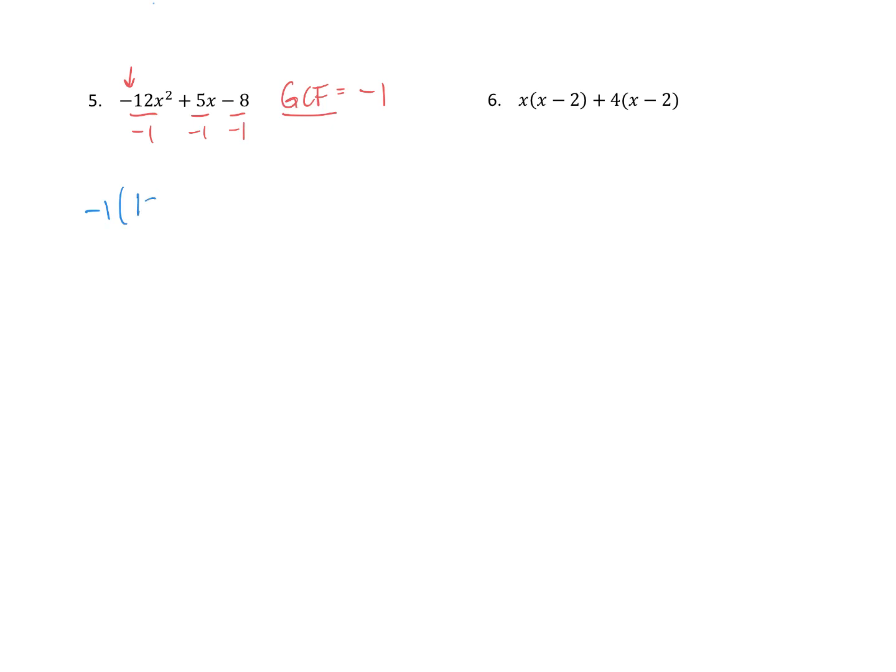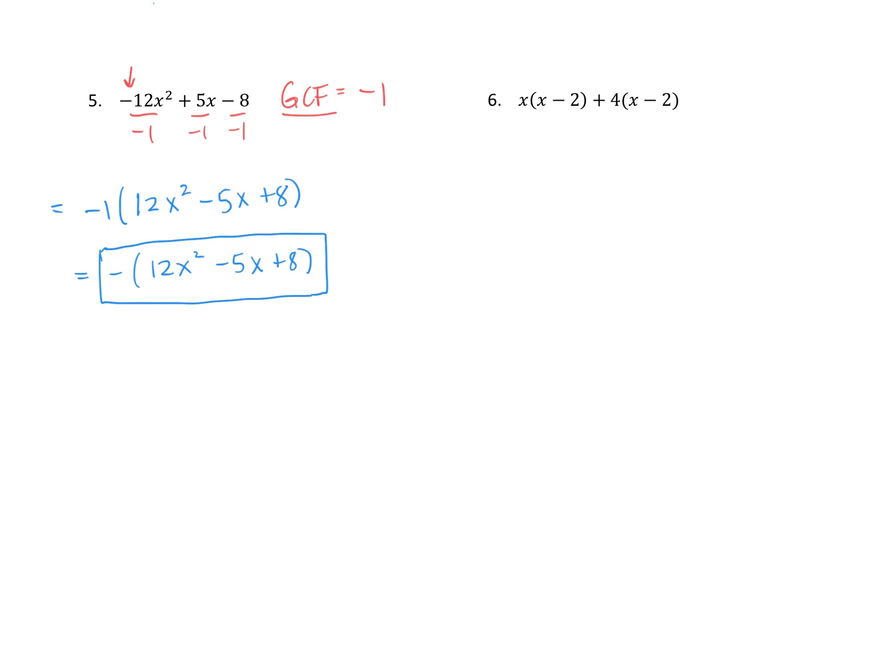The 2 negatives make a positive, so now I will have positive 12x squared, negative 5x, and positive 8. If you don't want to write that 1, it's really better if you don't. It would look like this. That 1 is understood to be there in front of the parentheses. And so that would be what you would get if you factored out the GCF of -1.